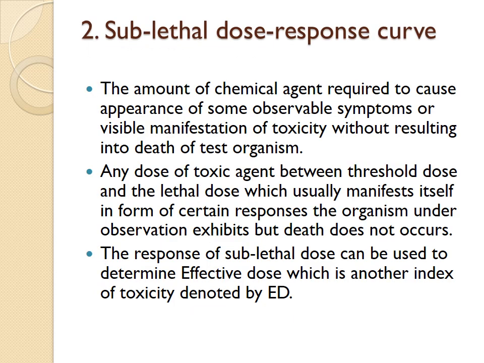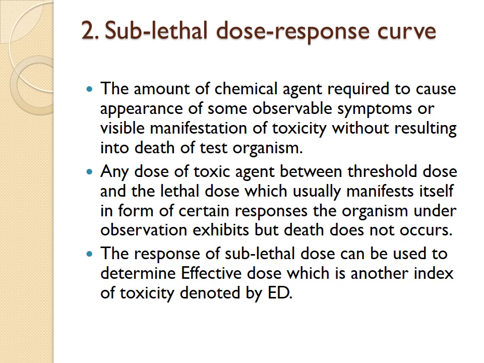In the second, we are going to look at the sublethal dose response curve: the amount of chemical agent required to cause appearance of some observable symptoms or visible manifestation of toxicity without resulting in death of the test organism. Means to say, there will be toxicity of the chemical, but that will not lead to the death of the organism.